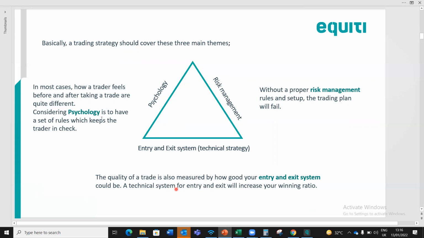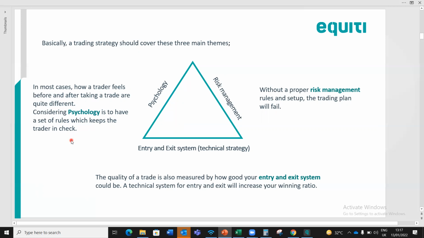So in most cases, when we talk about psychology, how a trader feels before and after taking a trade are quite different. Now, considering psychology is to have a set of rules which keeps the trader in check. Of course, you need to have certain laid down rules to keep you in check whenever you want to trade.